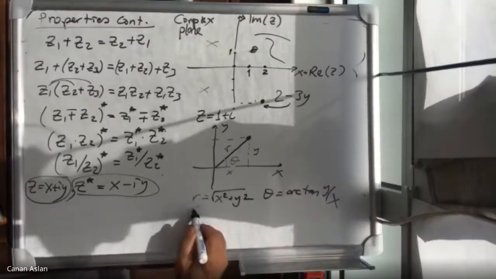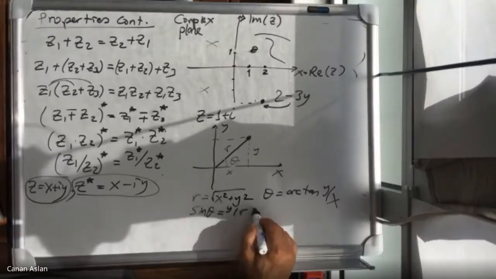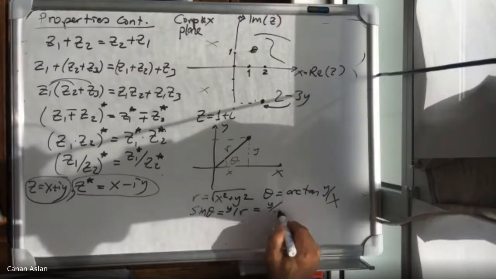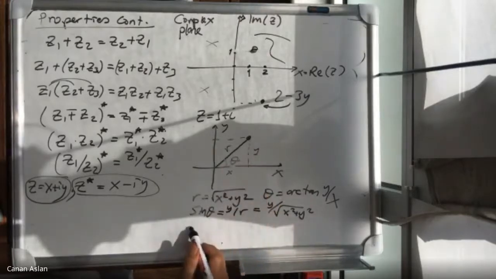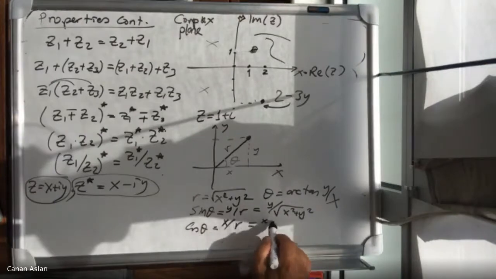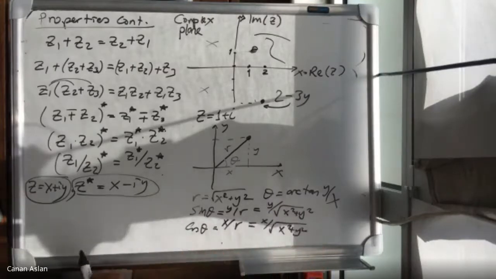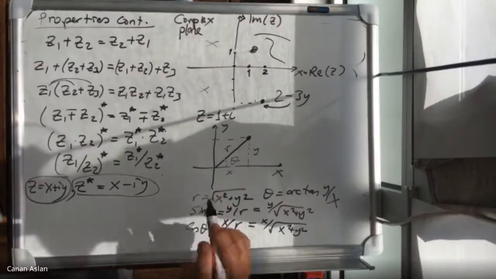And sine theta is nothing but just y over r, and it is given as y over square root of x squared plus y squared, because this is the hypotenuse of this triangle. Cosine theta is given as x over r, but it is just x over square root of x squared plus y squared.